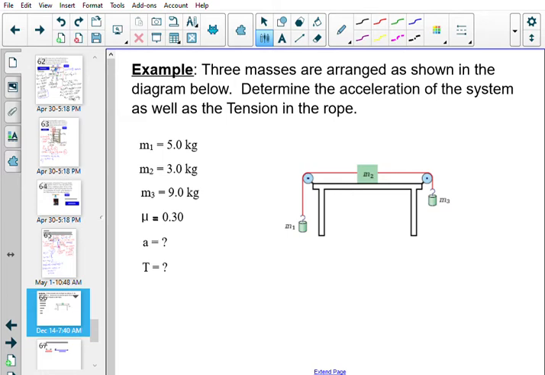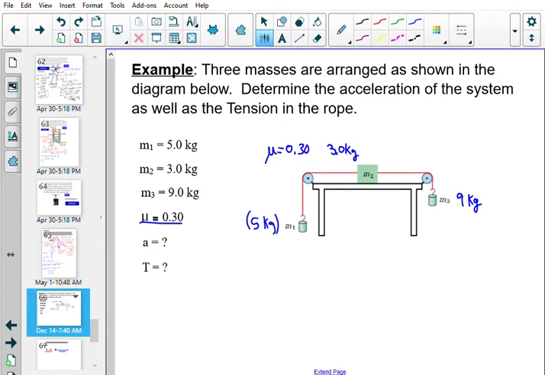M1 is 5 kilograms. M2 is 3 kilograms. And M3 is 9 kilograms. And of course, this wouldn't be a question if we didn't have friction. So mu equals 0.30.